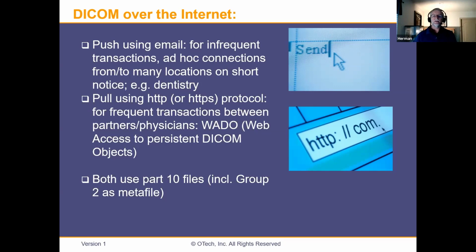So that's where we see emails being used as well. And basically, they take the images and it's almost like a virtual CD. They take the images to the DICOM there and they zip it, and they use a secure email connection. So we can use pull using HTTP or HTTPS for frequent transactions.